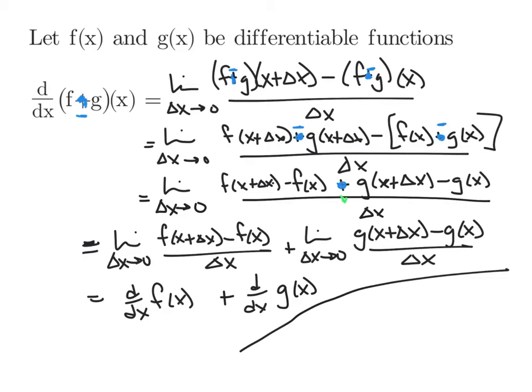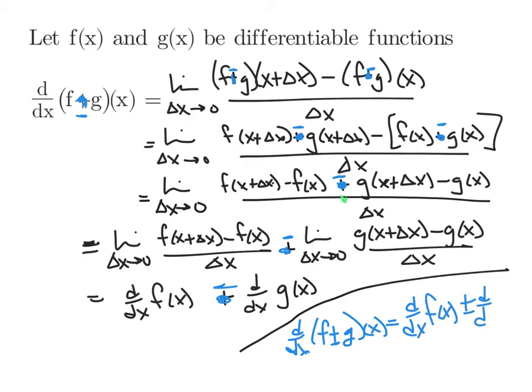So we have the sum rule as well as the difference rule here: if we want to find the derivative of f plus g or f minus g of x, we just take the derivative of each term. So we would find the derivative of f of x, and either add or subtract the derivative of g of x.